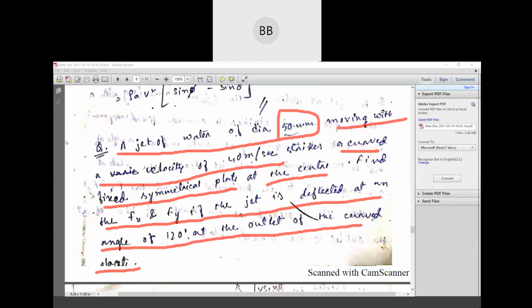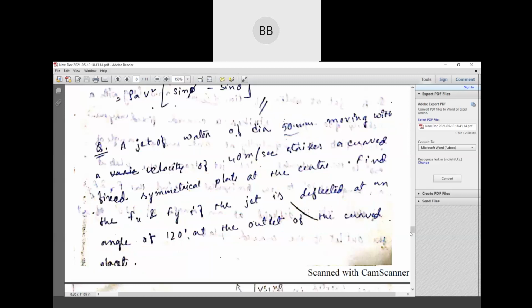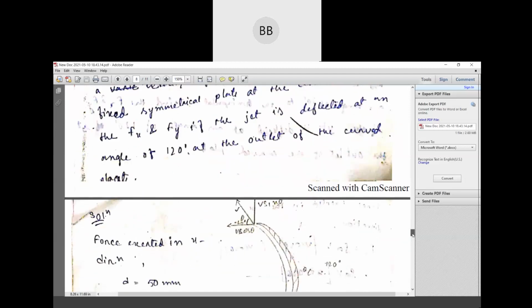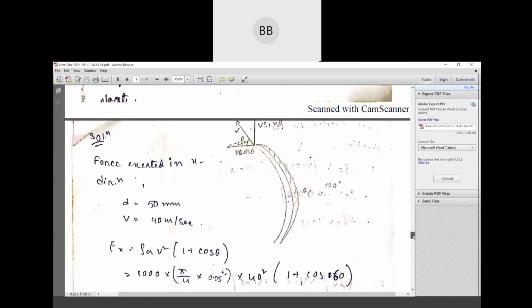Okay, so we move on to the solution. Let's first try to understand what the question is. What is given?